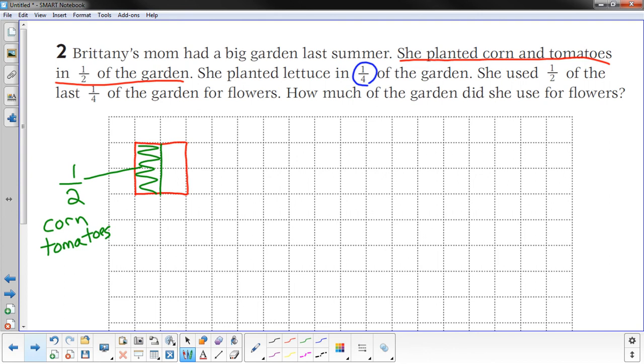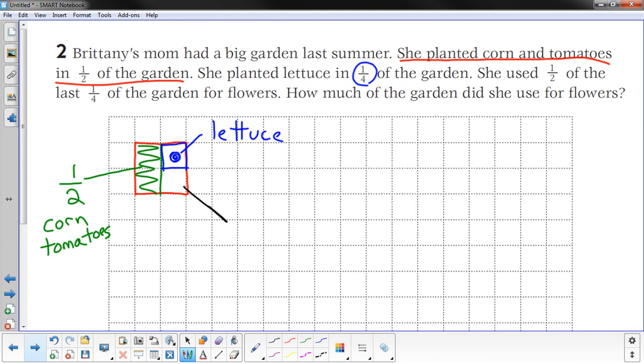I think this fourth is going to be my lettuce. Okay. And then she used half of the last fourth. Alright, this is where it gets tricky.